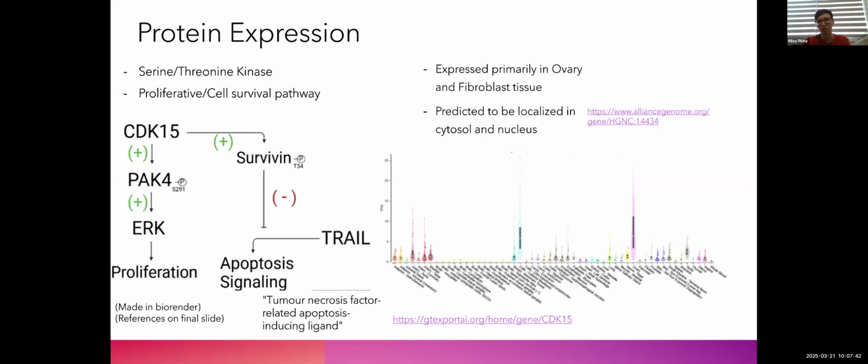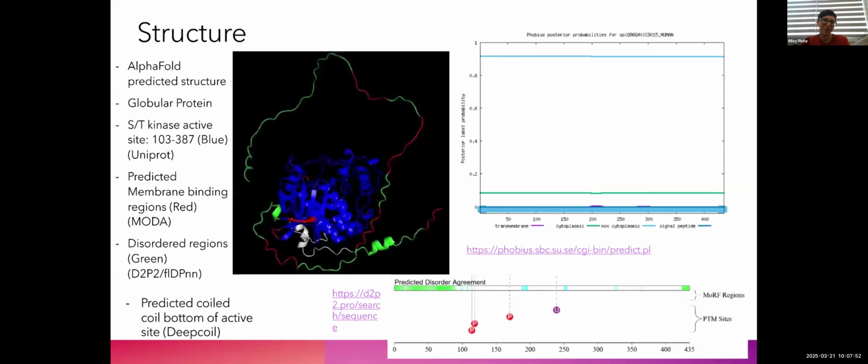CDK15 is primarily expressed in the ovaries and fibroblast cells, and it's predicted to be localized in the cytosol and nucleus, but we're not sure. There's very, very little structural information available for CDK15, unfortunately. Just about everything's predicted. So there is an AlphaFold structure as seen in PyMOL. I colored the serine threonine kinase domain blue, and it spans amino acids 103 to 387.